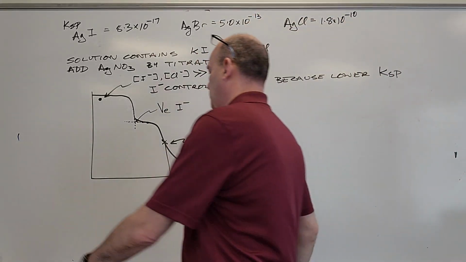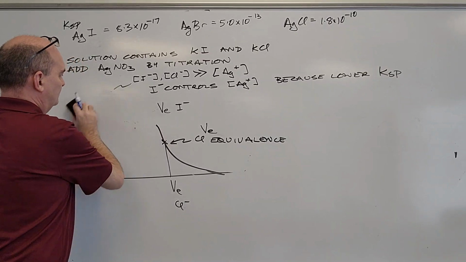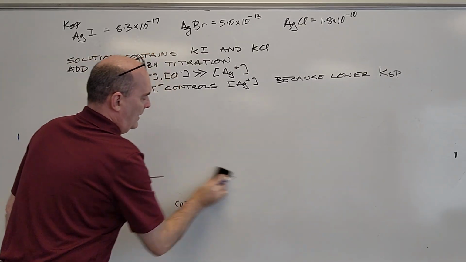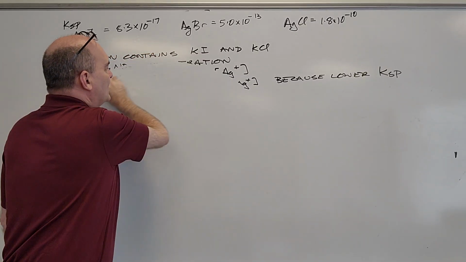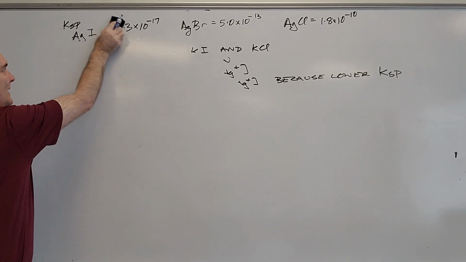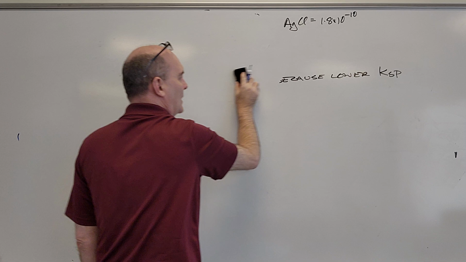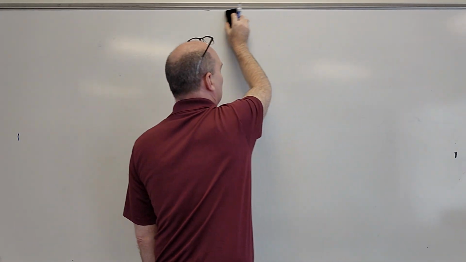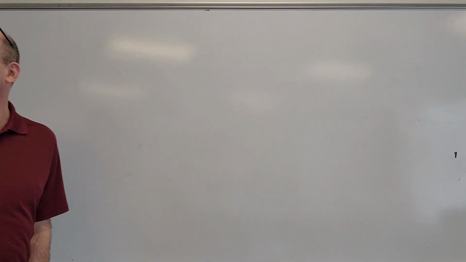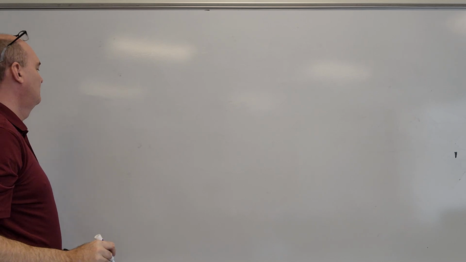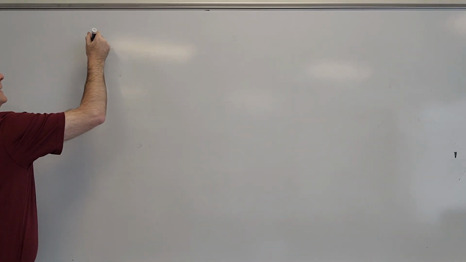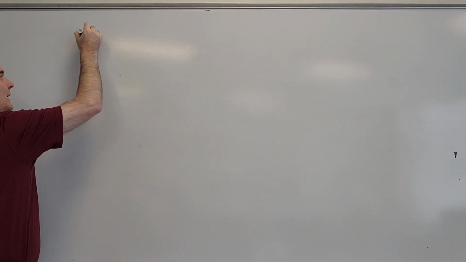Let's erase this. Because we have no acid-base indicator, right? We have nothing telling us that there's a color, there's no color change anywhere here to tell us what's going on. So there's a trick.